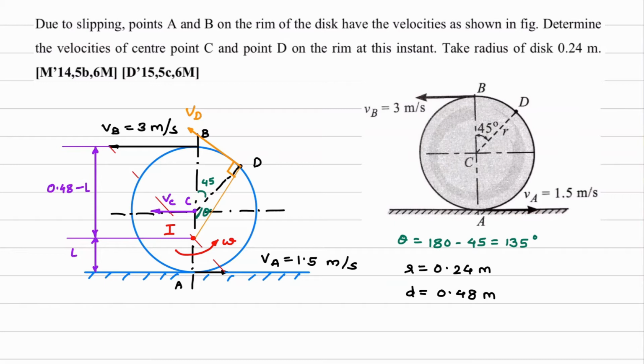So we will consider two similar triangles, the triangle with IB and this one, and the second triangle with IA and this one. These are two similar triangles.